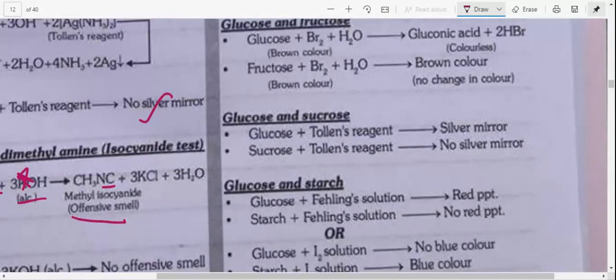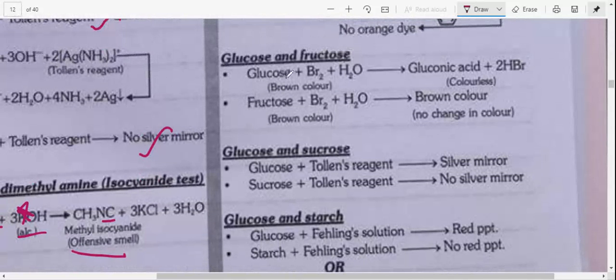Next comes glucose and fructose. Glucose, when treated with bromine water, which is brown in color, gives gluconic acid, which is colorless, and releases HBr. When fructose is treated with Br2 and H2O, which is also brown, there is no change in color.